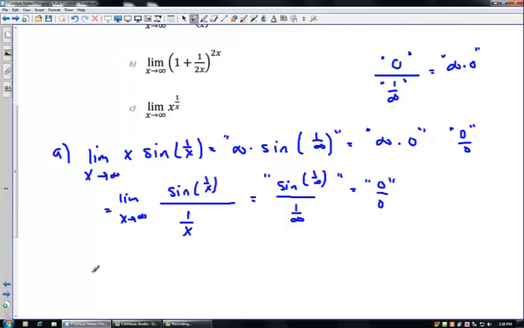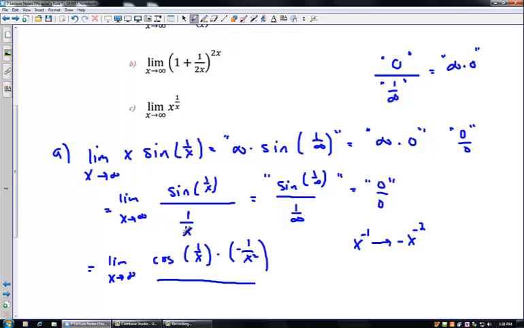And so this is equal to the limit as x goes to infinity of the derivative of sine, which is positive cosine, so cosine of 1 over x, times the derivative of the inside. Now the derivative of 1 over x is a minus 1 over x squared. If you don't know that, remember 1 over x is x to the minus 1, so its derivative is minus x to the minus 2. Right, the exponent comes down, and you take away 1.